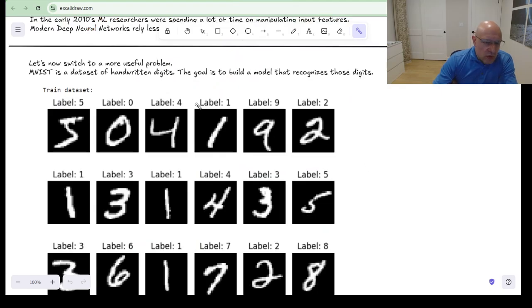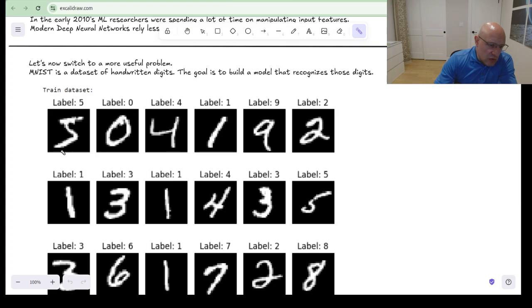Okay, now we want to switch to a new problem. This is the MNIST dataset which was released about 30 years ago, if I'm not mistaken. And the dataset contains handwritten digits. So each training sample is a 28 by 28 image, 28 by 28 pixels.